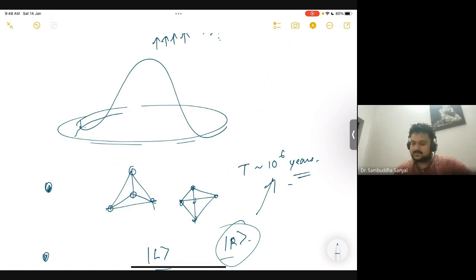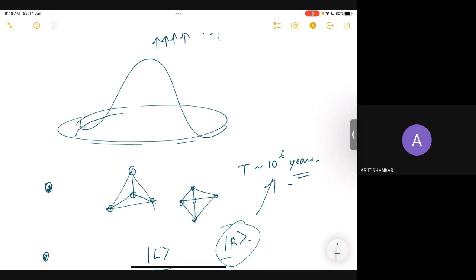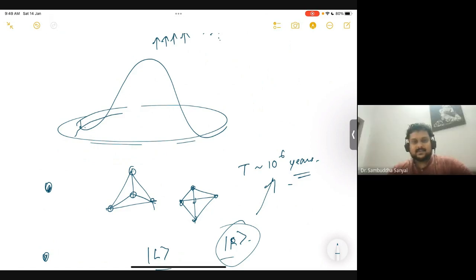No, what do you mean by it flips? If you start with this structure, then the other structure is costly, right? And when does this direction matter? Again, you must have forgotten this ammonia problem. This direction matters only if there is a reference field. Let's say you have a magnetic field.